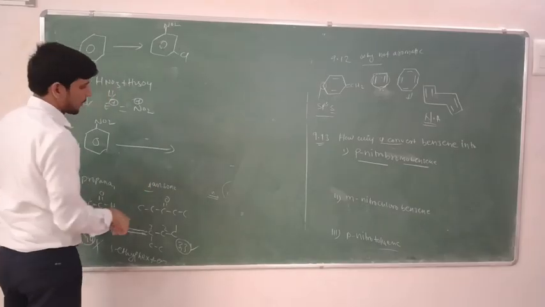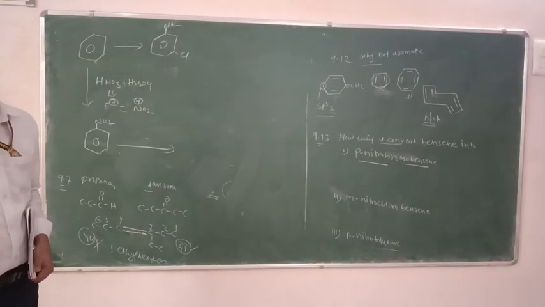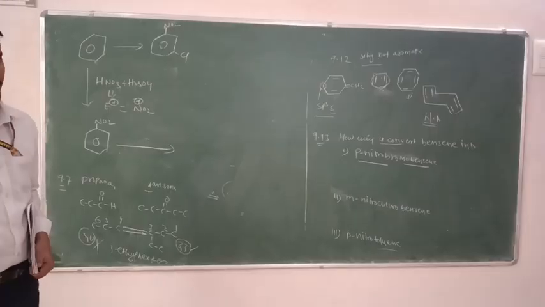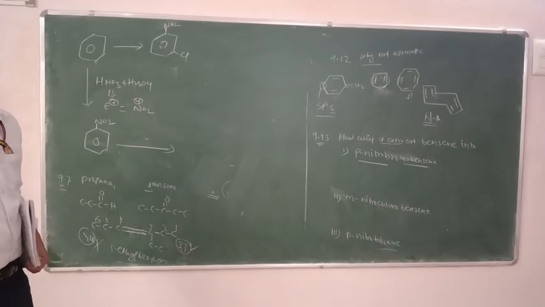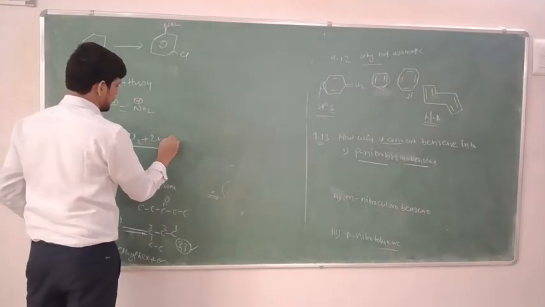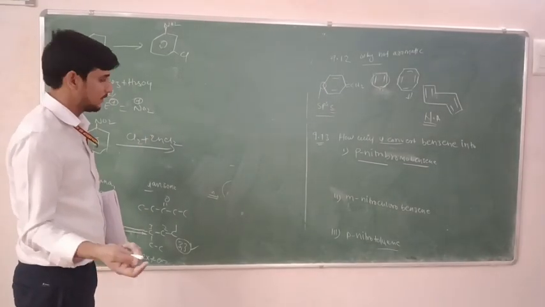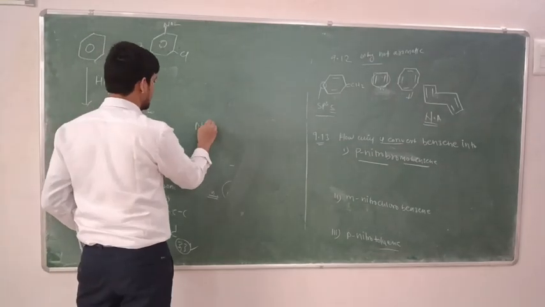Now, what is the reagent for adding chlorine? Halogenation, right? Reagents Cl2 plus ZnCl2, FeCl3, AlCl3, anyone you can take. Means the product will form here.